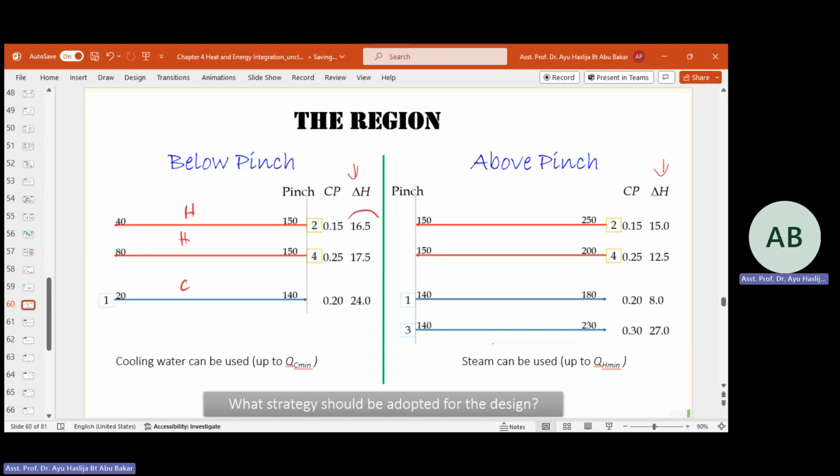How do we get this 16.5? From the table, Cp for the second stream is 0.15. Then the delta H given from the table is 31.5.